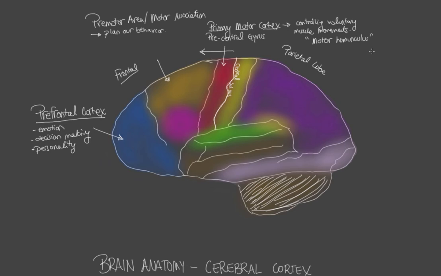So for example, we have a lot of muscles and a lot of motor units dedicated to move our hands, fingers, and face. So because of that, the hands, fingers, and face occupy a greater region on this gyrus. And so this is what the motor homunculus means.